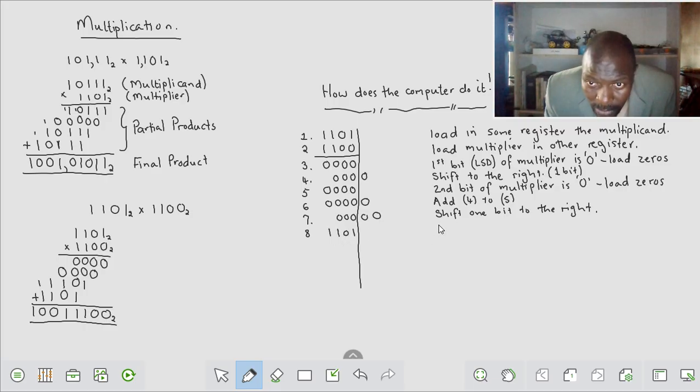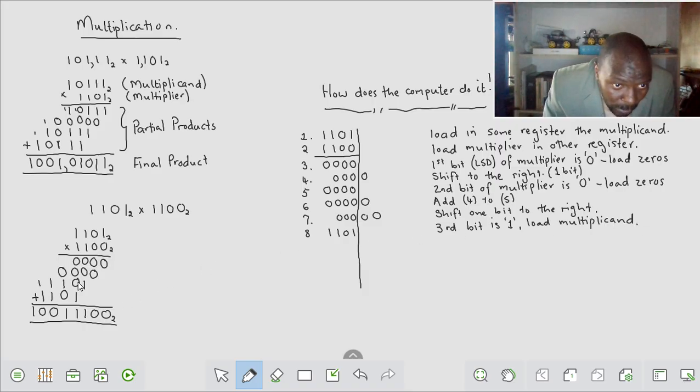What do you do? The third bit is 1, load the multiplicand. So when it was a 1, we loaded the multiplicand. So what do you do?